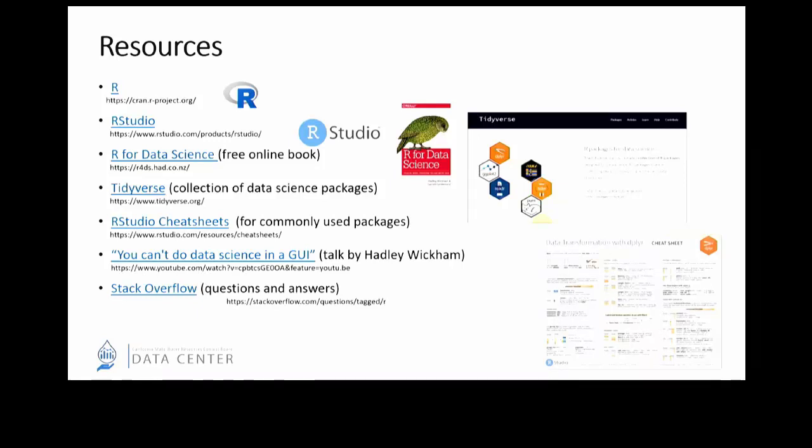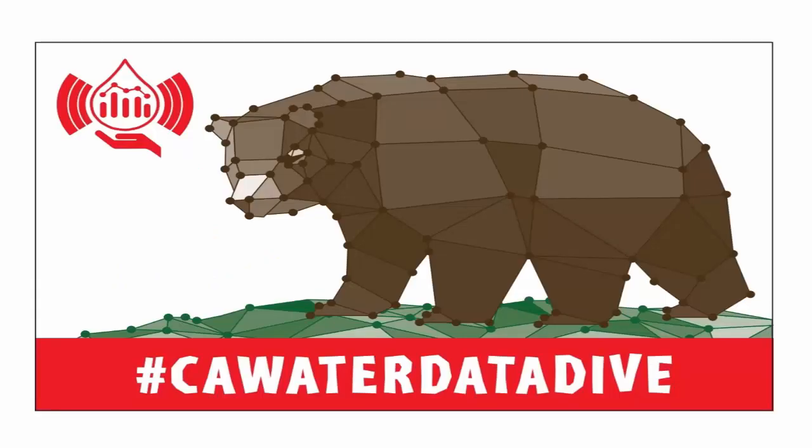Then the website for that collection of packages I mentioned called the Tidyverse, some cheat sheets, a talk that's provocatively titled, but it covers a lot of what I talked about here more eloquently and in more depth. And then one example of a site online where you can find answers to pretty much any question that you can think of with R. So that, I think, is it.